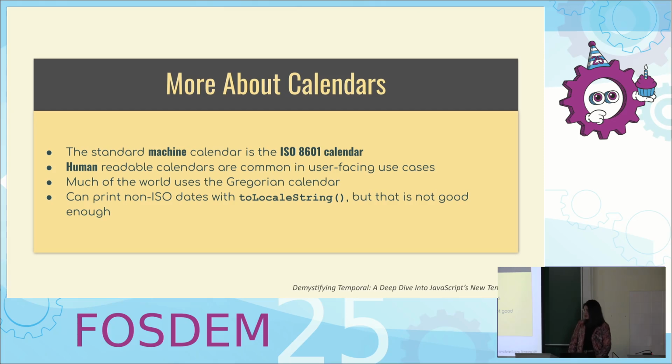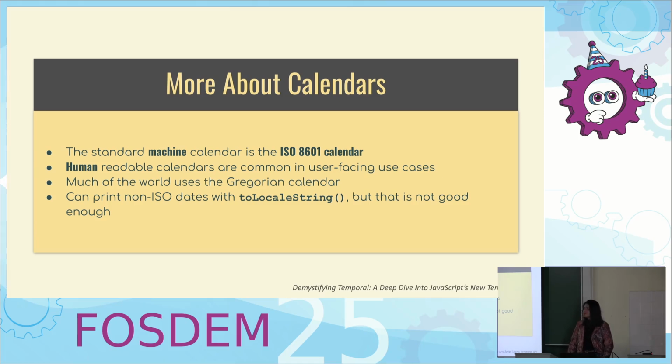So the standard calendar in machines is the ISO 8601 calendar, which is standardized, and the way it works is standardized throughout the world. And it is pretty similar to the most commonly used calendar, which is the Gregorian calendar. You can almost always convert between the two without worrying too much about it.